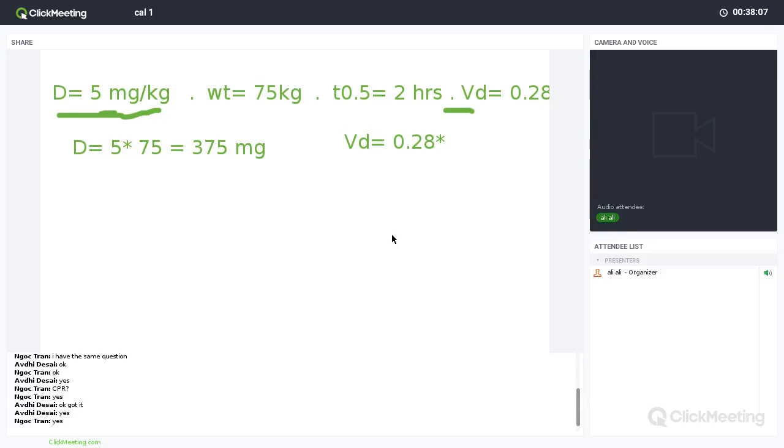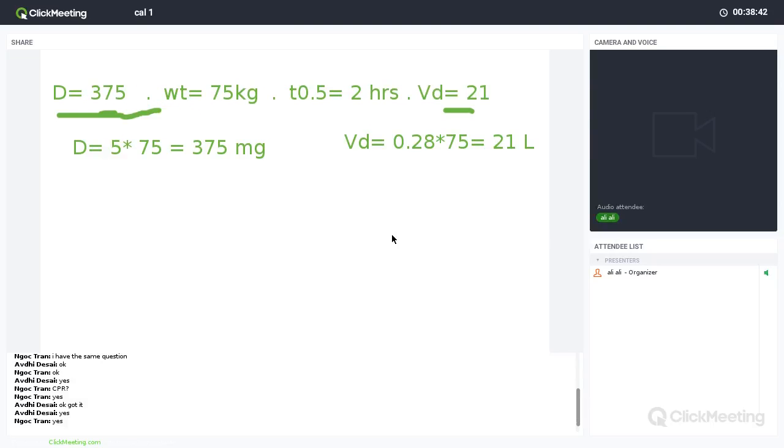Here we multiply by the weight, which is 75, and we will get 21 liters as the volume of distribution. So now we will remove this one and write 21. We will remove this one and add 375, and here liter. That's it.